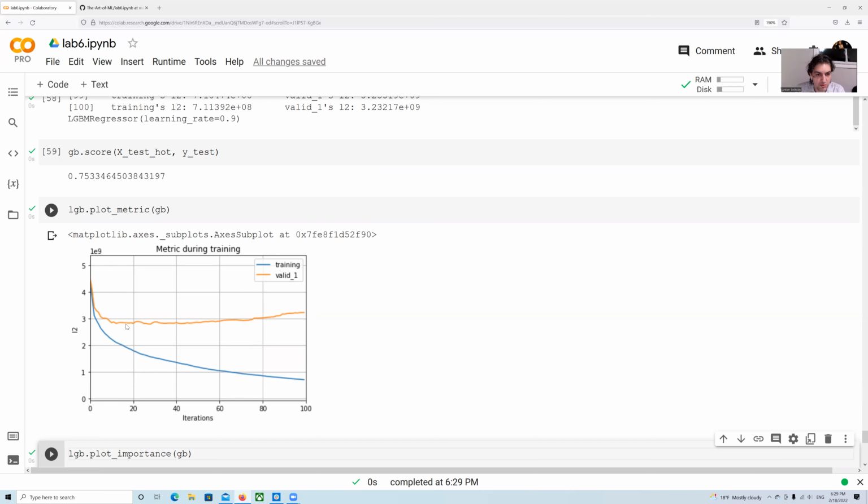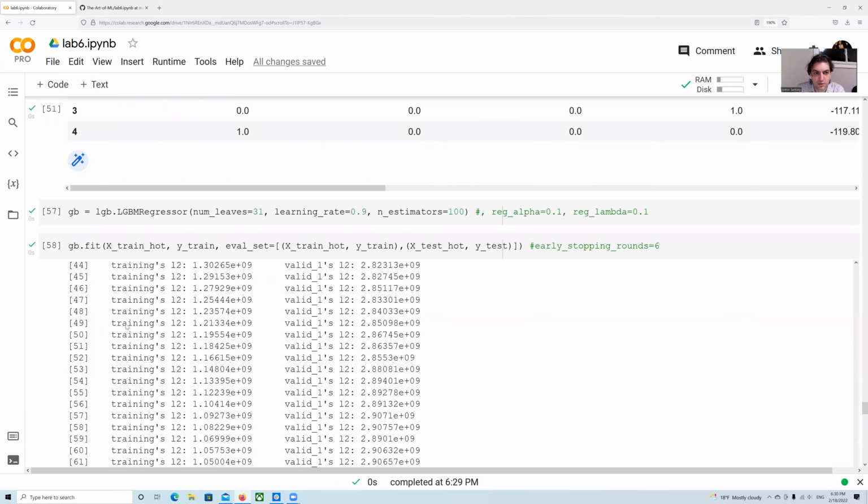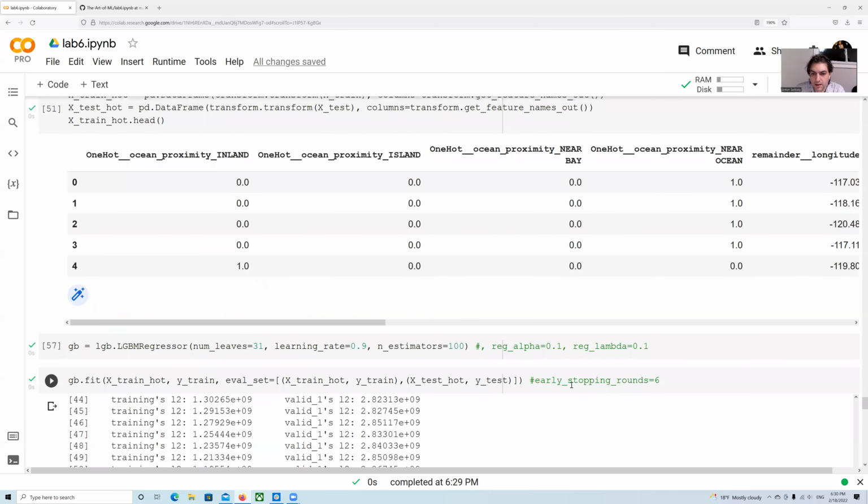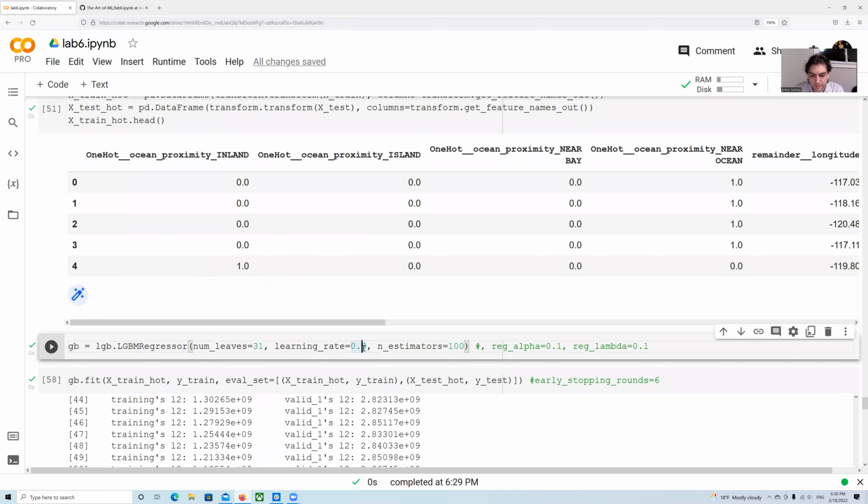To avoid overfit, there is also the parameter early stopping. So this learning rate is important to avoid overfitting if we use a large number of simple models, estimators.